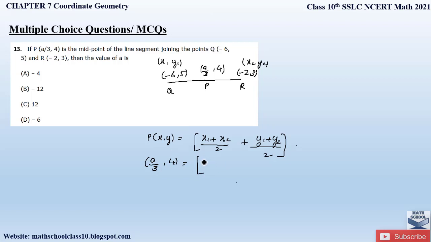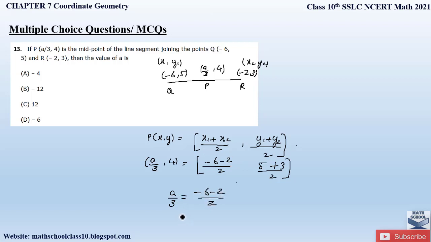So x1 plus x2 will be minus 6 minus 2 divided by 2, and our y coordinate is y1 plus y2, which is 5 plus 3 divided by 2. So in the x coordinate we have to find out the A value. So we will equate the x coordinate from the left hand side, that is A by 3, equal to the x coordinate on the right hand side, which is minus 6 minus 2 divided by 2.